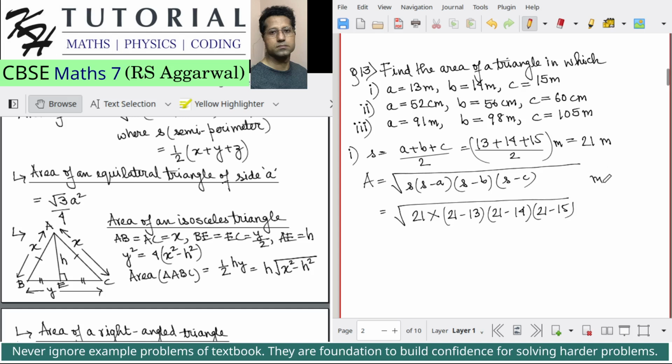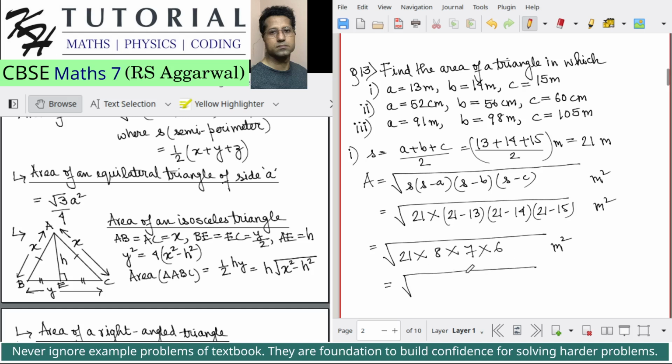Area will be this much meter square. This is equal to square root of 21 multiplied by 8 multiplied by 7 multiplied by 6, this much meter square.